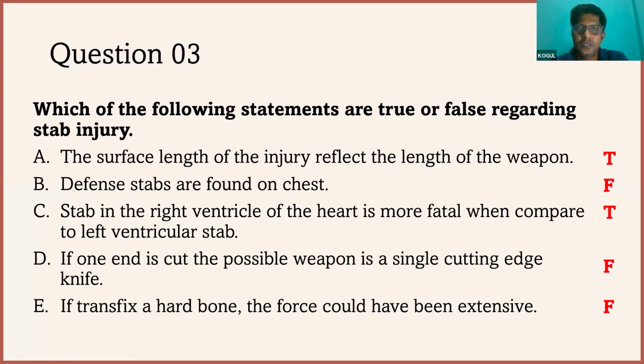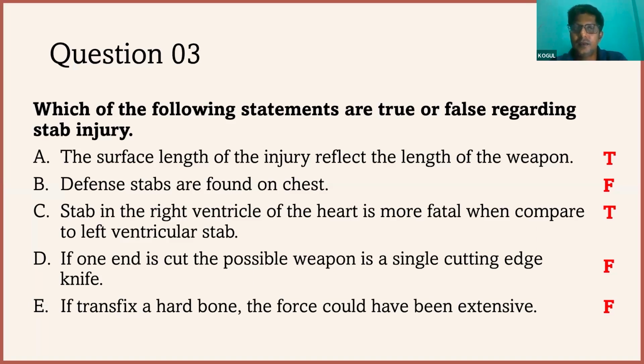The chest is false. Stab in the right ventricle of the heart is more fatal when compared to left ventricular stab, because the right ventricle is very thin, the left ventricle is very thick. So when the stab occurs in the left ventricle, after removing the weapon, because of the intercussion of the thick muscle fiber, bleeding is very less.